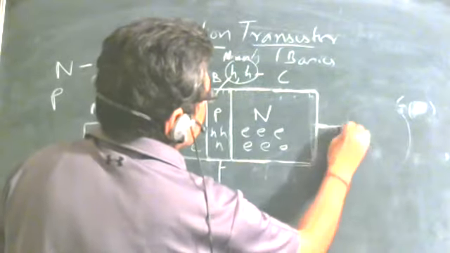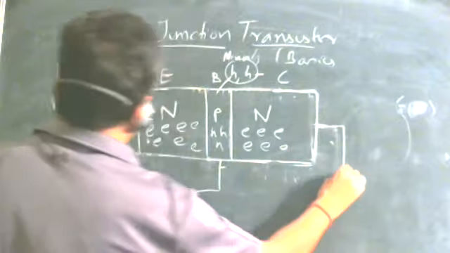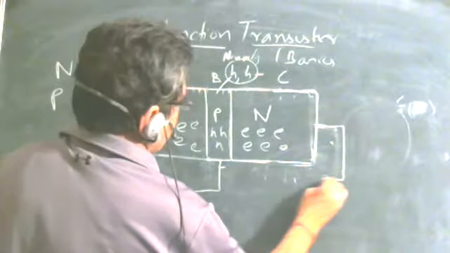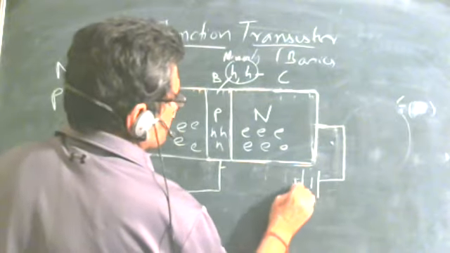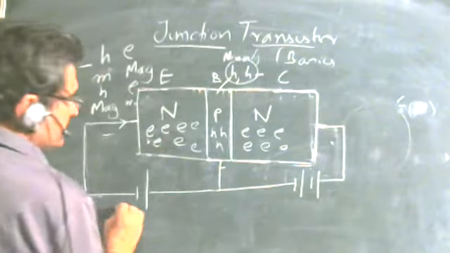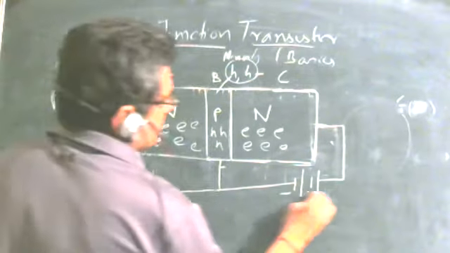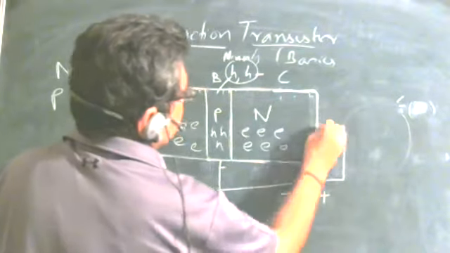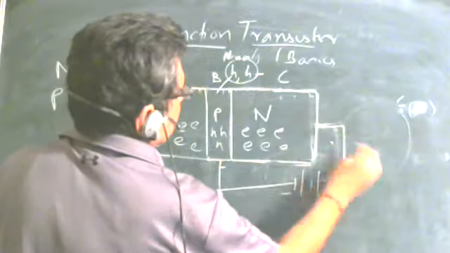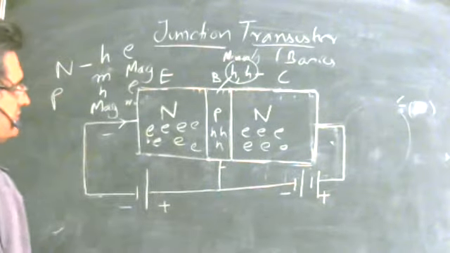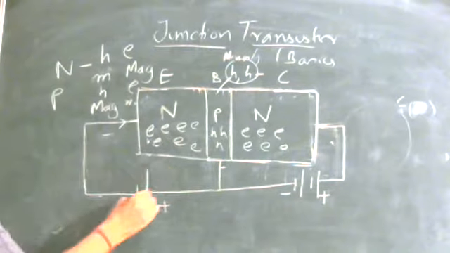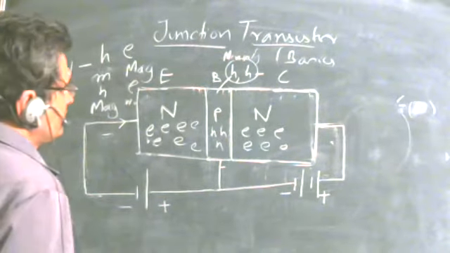Reverse bias means N has to be connected to positive. Negative, positive, negative, positive. Positive is connected to N. When positive is connected to N and negative to P, it is reverse bias. When negative to N, positive to P, it is forward bias.